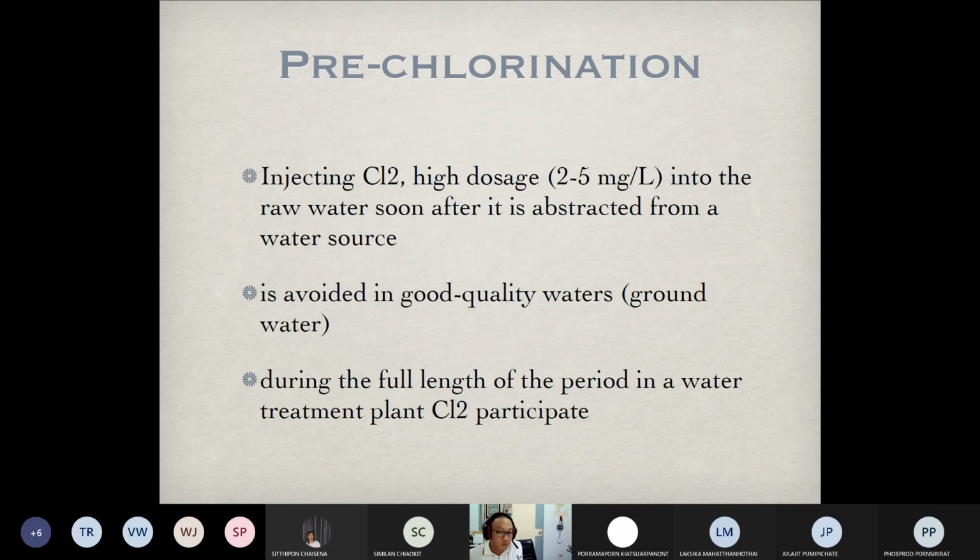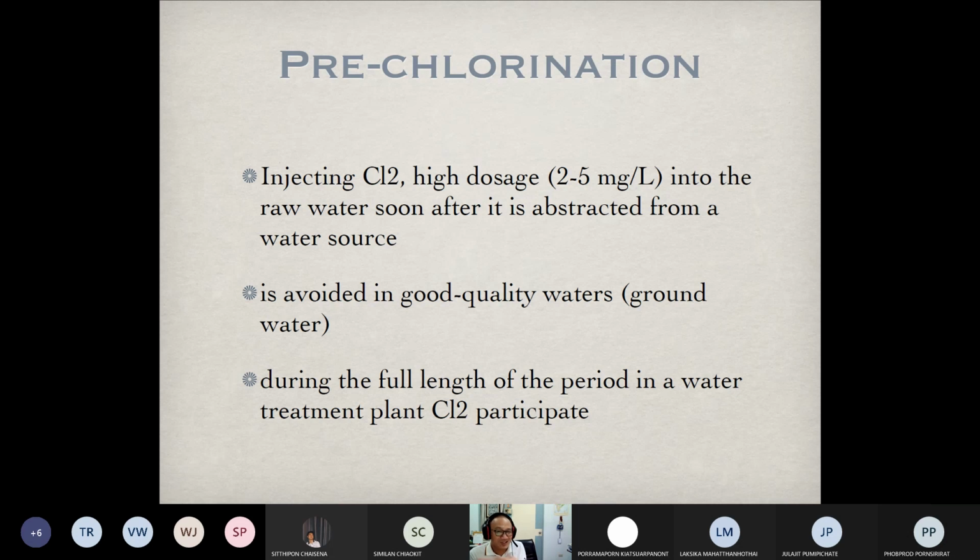For swimming pools, we need at least 5 ppm. But for normal tap water, the chlorine residual should be around 0.2 to a maximum of maybe 2 milligrams per liter only. It doesn't have to be 4 or 5 milligrams per liter. That is too high for tap water.